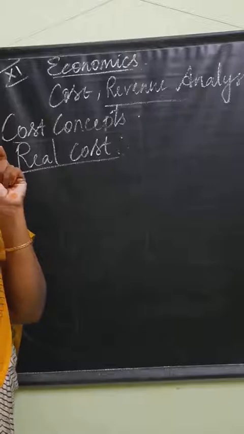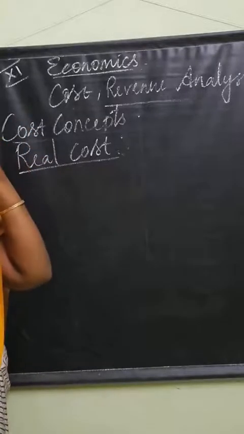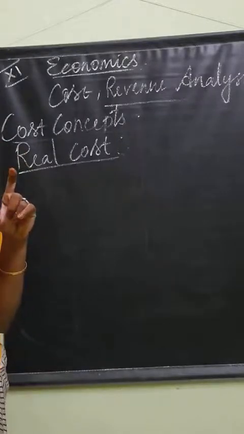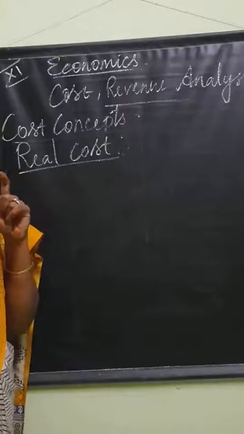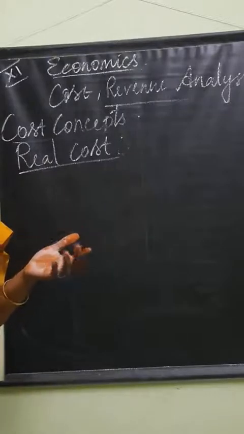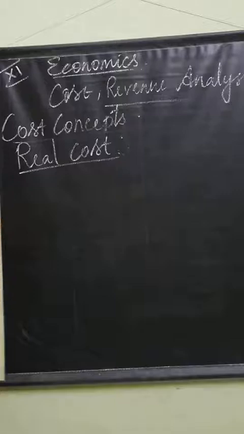For example, I am working for 8 hours. For the 8 hours I am getting salary. The work or the effort which I give is valued in the terms of money. The effort I put to make you understand, isn't it? That is called real cost.